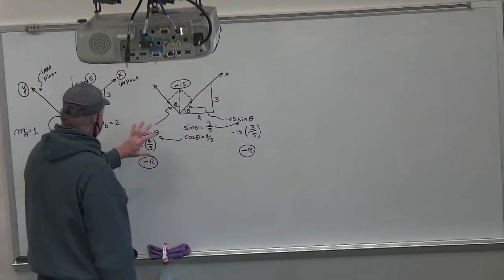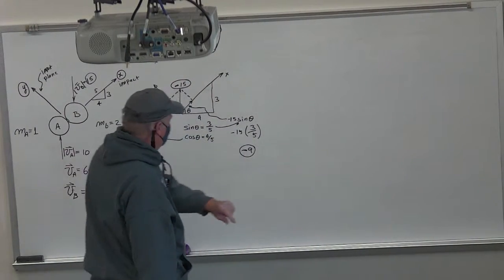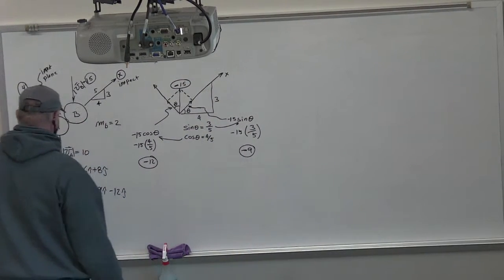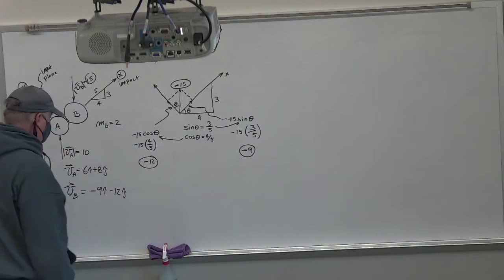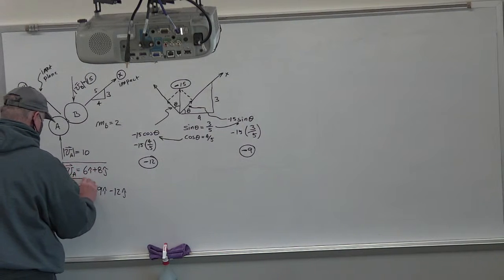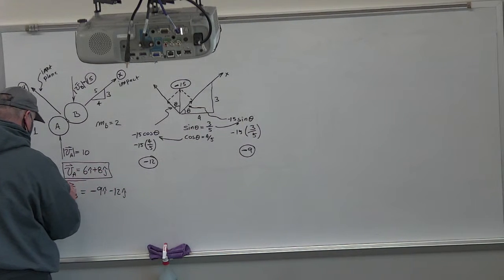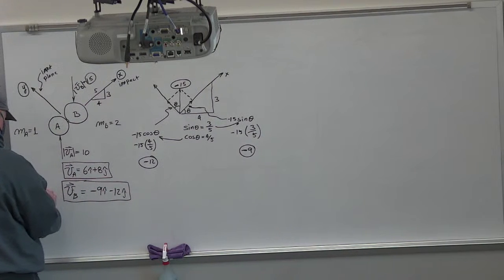Now that I've got this, I don't need any of this, and I do need the space over here. So what I'm gonna do is I'm gonna relieve myself of this area and then start working the problem. But these are the initial velocities before impact.